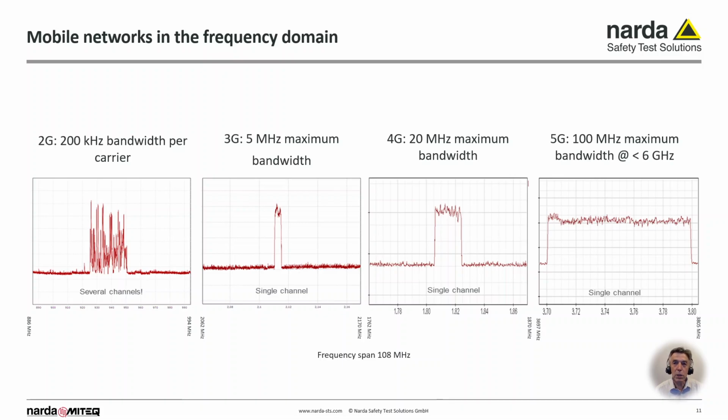With 4G, the bandwidth was rising already to maximum 20 megahertz. With 5G, below 6 gigahertz, the maximum bandwidth of the signal can be 100 megahertz. So more and more information could be transported, but it costs finally bandwidth. And when we look later on into the 24 gigahertz range, there we see bandwidth up to 400 megahertz for such a signal, so even more information.